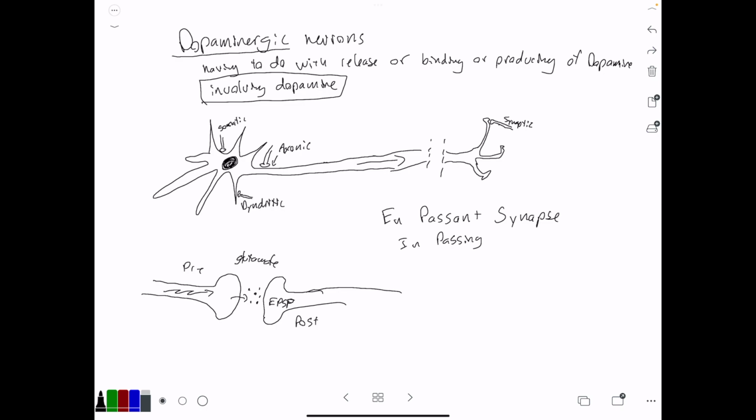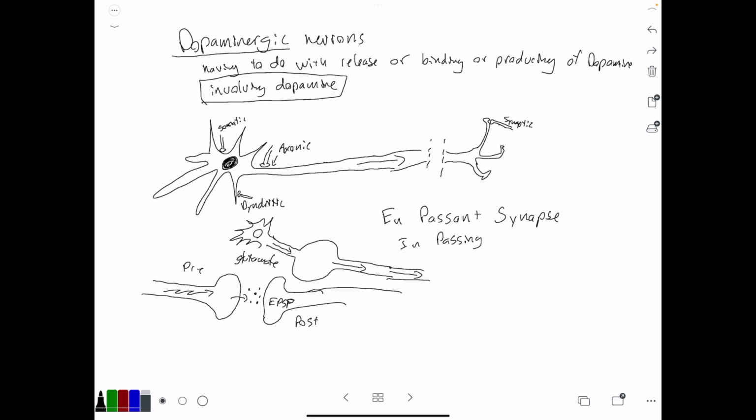And so what does our in-passing synapse look like? Well, we have these interesting structures that can exist within an axon. So right here is an axon, and this is the flow of information via action potentials moving down. This goes up to a cell body, and this goes down to eventual termination.